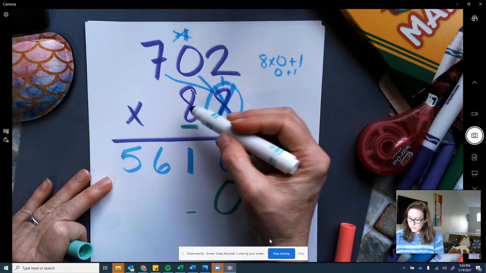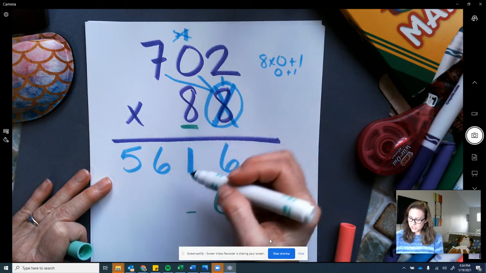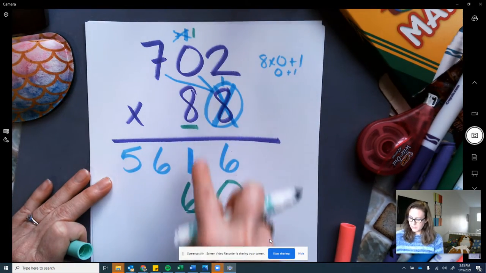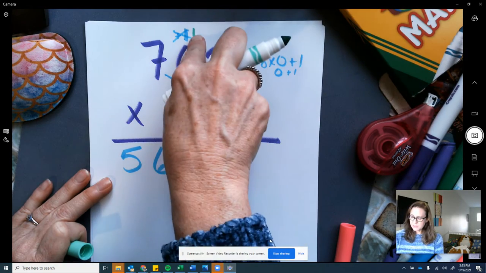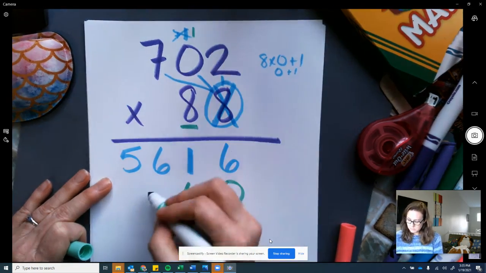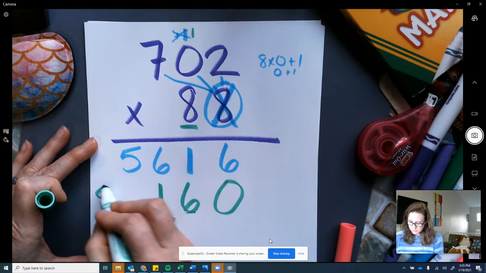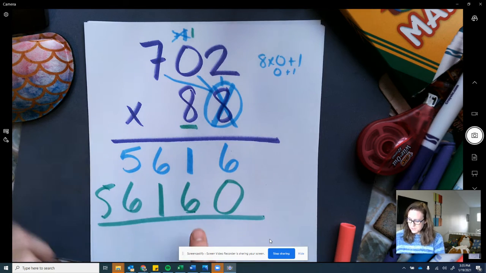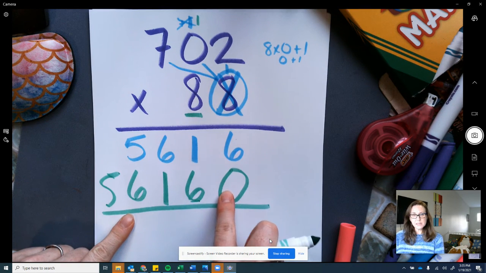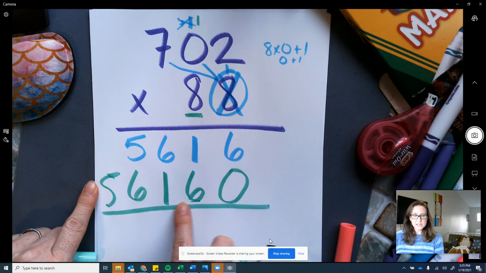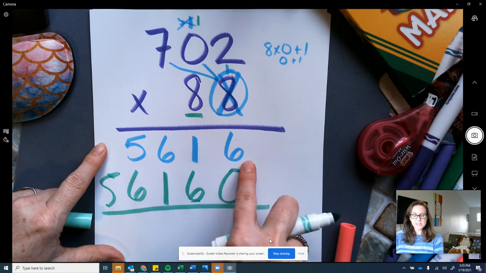So we're going to start with 8 times 2, which is 16. 8 times 0 plus 1, 1. 8 times 7. So it's kind of interesting because it was 88 that it's 5,616, 5,616.